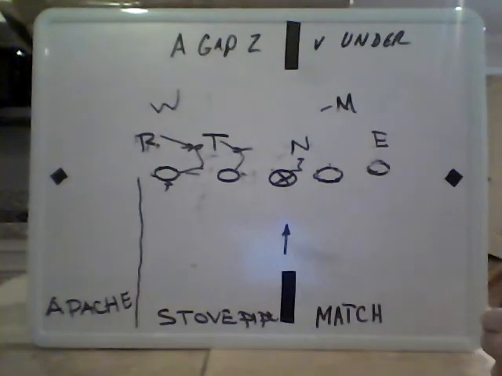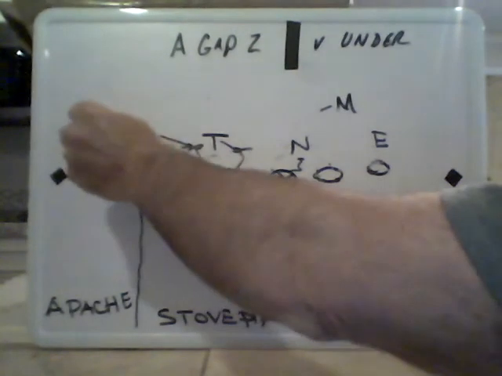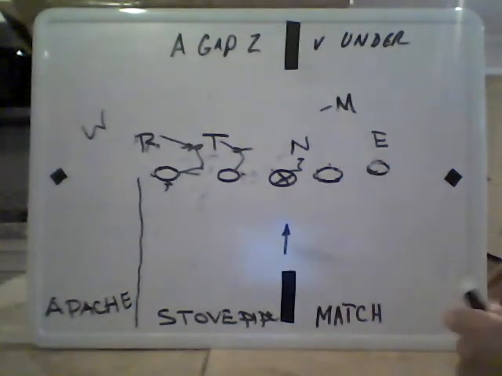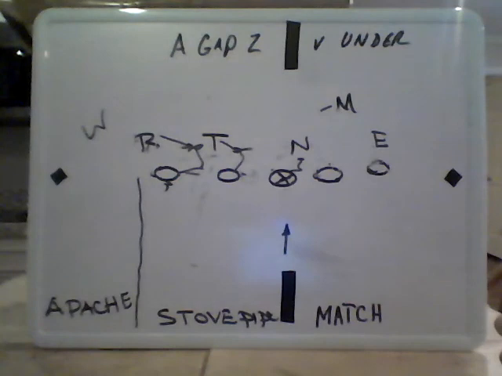Okay? It's pretty easy. Of course, as this man goes outside of us, we just make a man call. And we try to play in the shadow here, and everybody's happy. Okay, and it's just the way it is. Okay, that is A gap versus under.